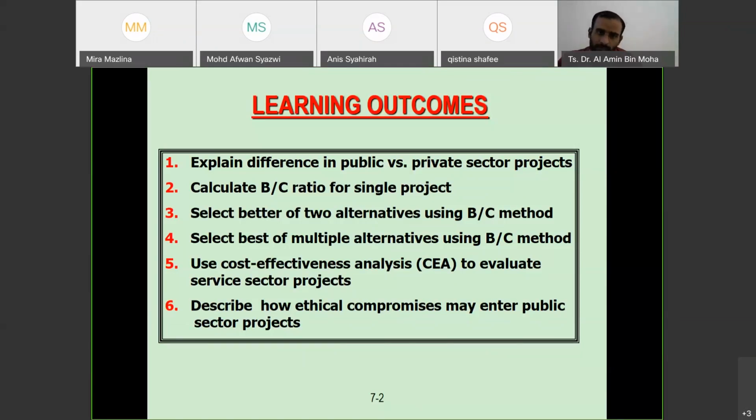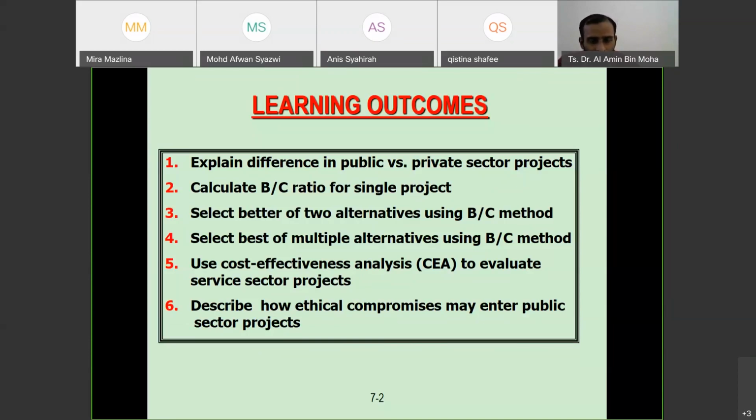Single project, so they have different methods. If you have a single project, we are going to calculate using the BC ratio. And then if you have more alternatives, 2 alternatives, using the BC method, select the best of multiple alternatives. You have several alternatives to be chosen.